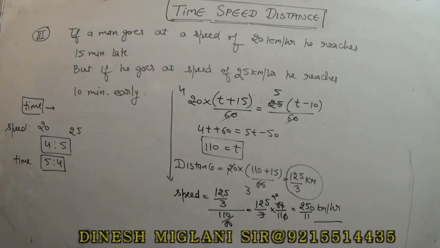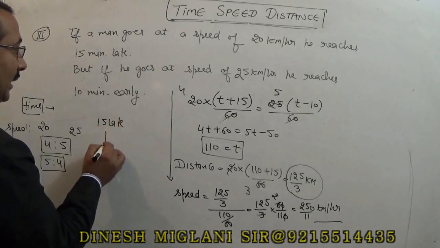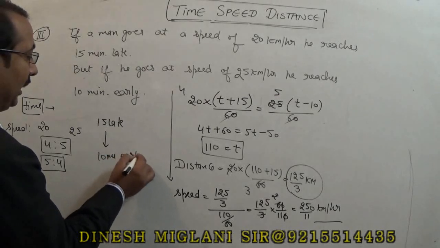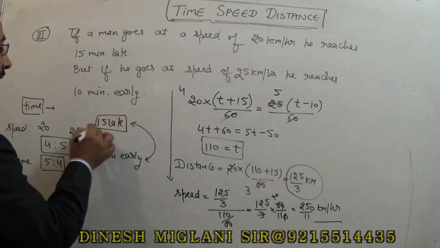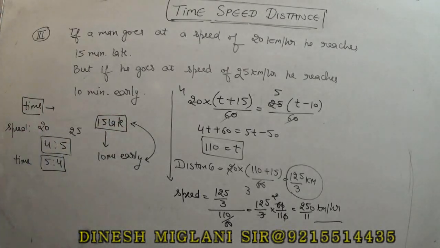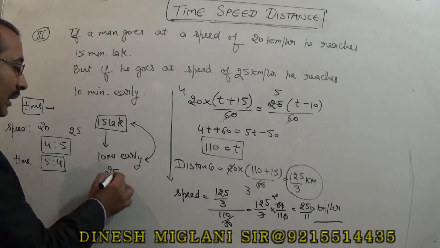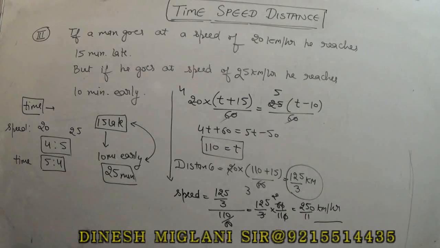Now in the first case he reaches 15 minutes late. In the second case he reaches 10 minutes early. So we try to find the difference in their time taken. In the first instance he reaches 15 minutes late, in the second instance he reaches 10 minutes early. Here I can say the difference between their timings would be 25 minutes, because first you are late, now you are early.